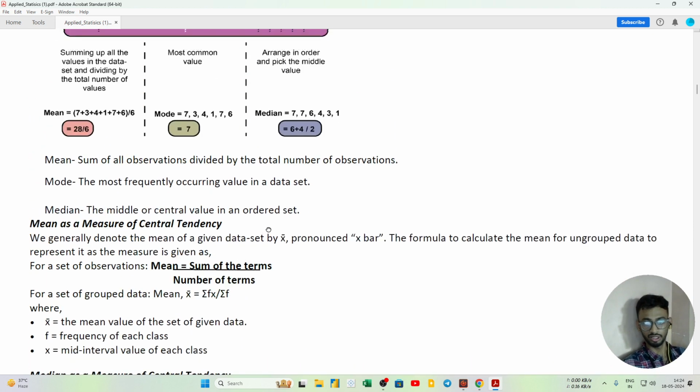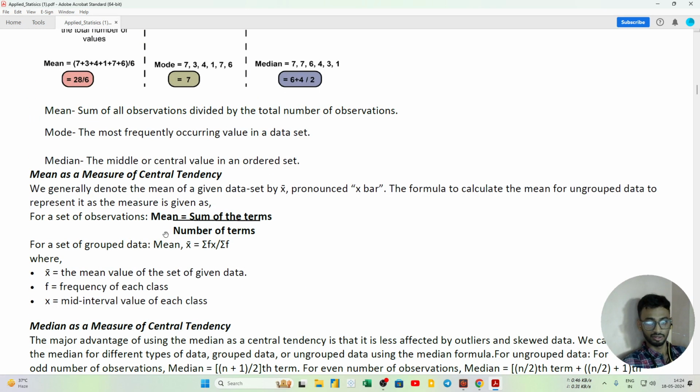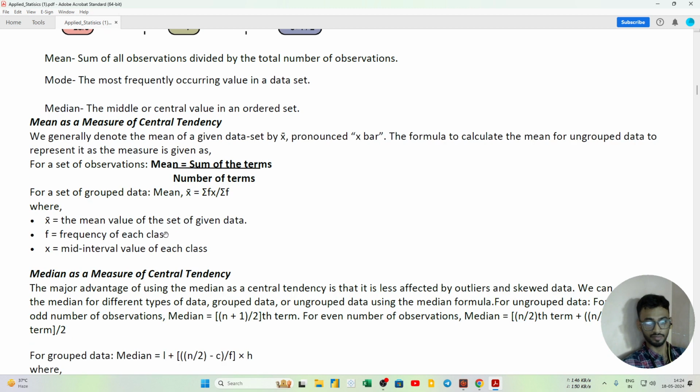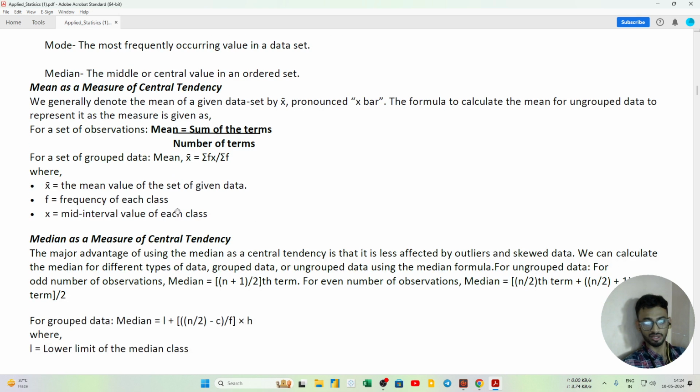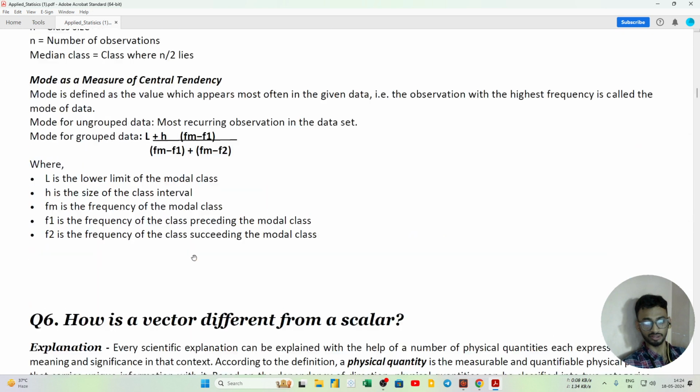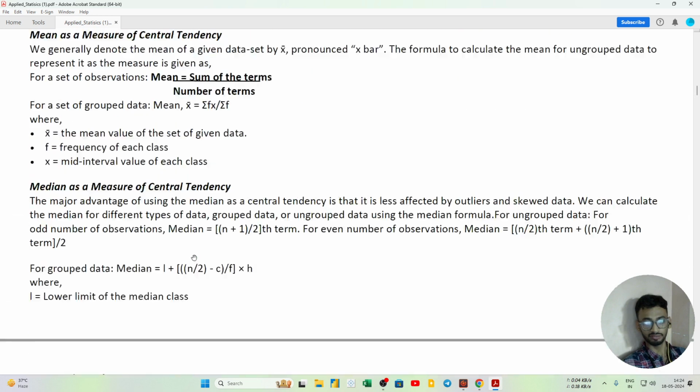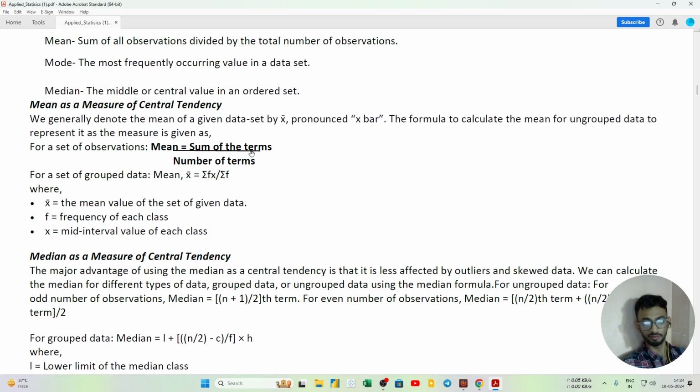So these are the things, like how we can measure the mean, as we have discussed earlier, in short form. The sample mean is represented by x bar equal to summation of fx divided by summation of f.